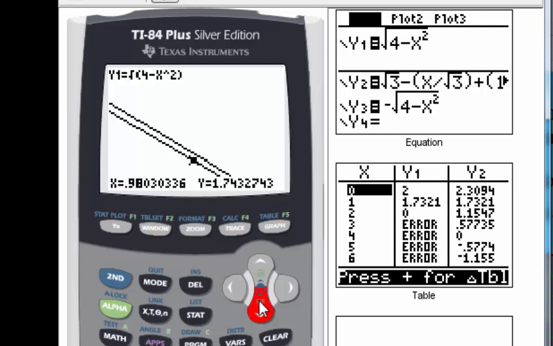So let me go back to the circle here. It's 0.98.